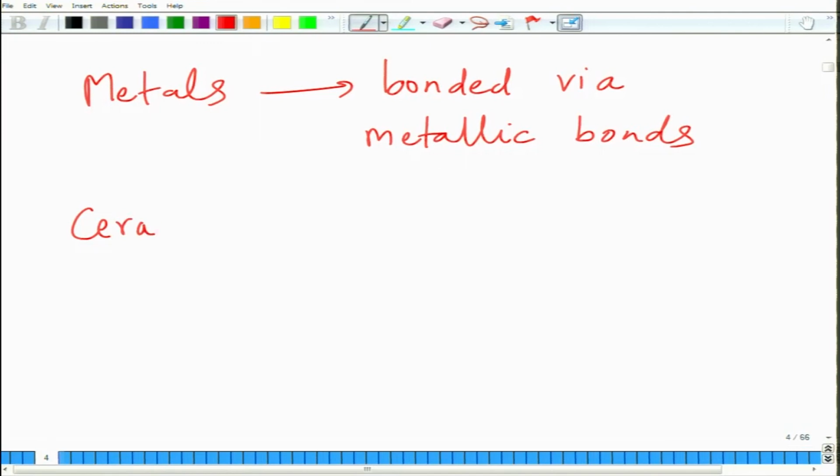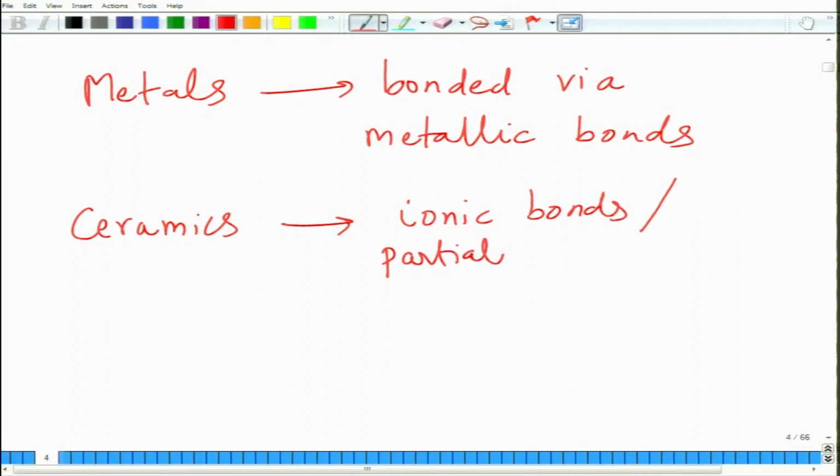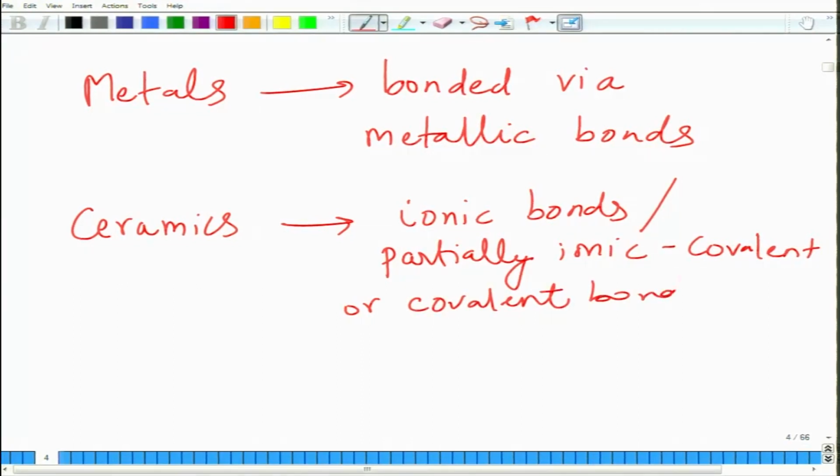Ceramics and glasses are typically bonded by ionic bonds or partially ionic, partially covalent, or largely covalent bonds.